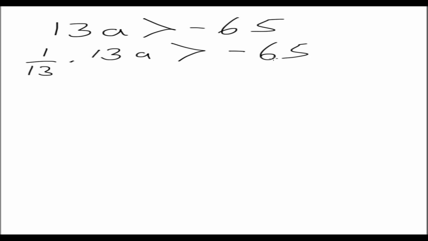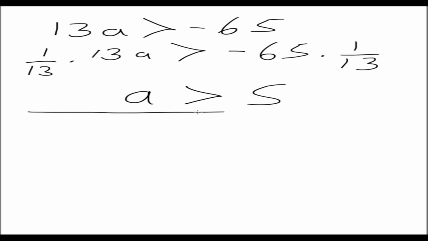I don't have to flip that because that's positive, but I have to do the same things to both sides of the inequality. And so -65 divided by 13, anybody know what that is? I know it's going to be negative, because a negative over a positive is a negative, and it's 5. Okay, so a is greater than 5.